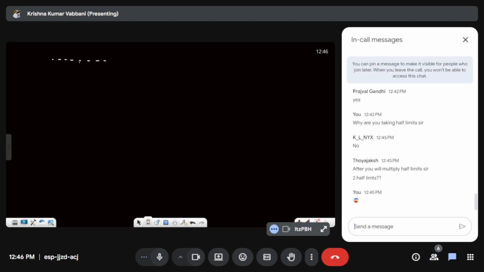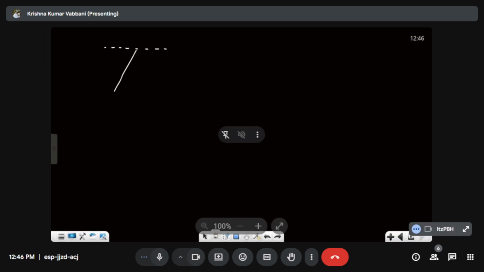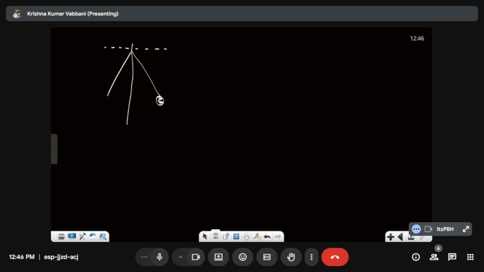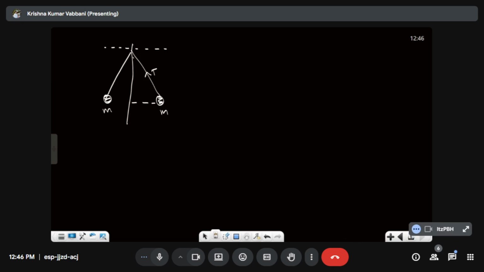When you're solving Newtonian mechanics, okay, Nandi, if there is a pendulum, so there are two pendulums. If I wanted to solve this, this is the mass, this is the mass, this is the tension, this is the theta.